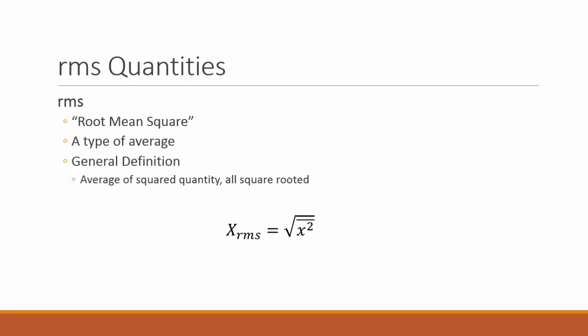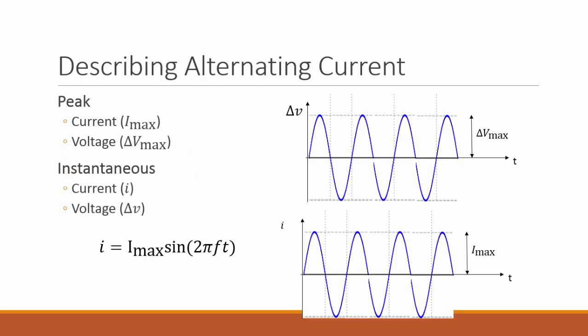Here what you do is you first square all the values. So in the case of, say, the current, what I would do is I look at every pixel in this line. So I'd have a list of a ton of different values for the different currents along here.